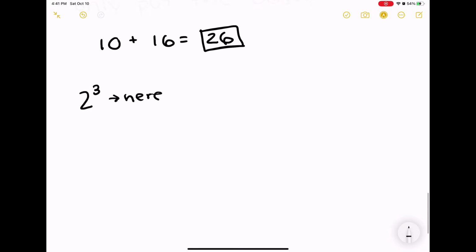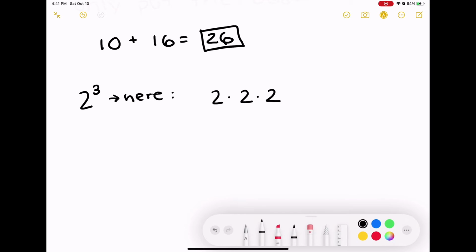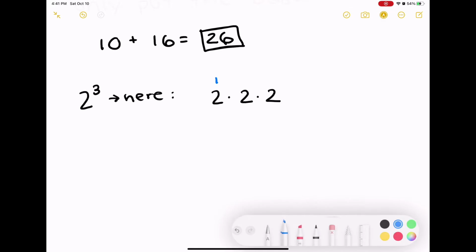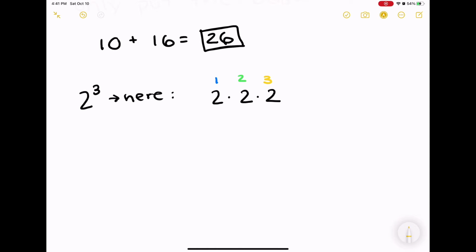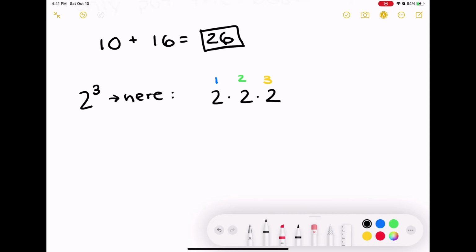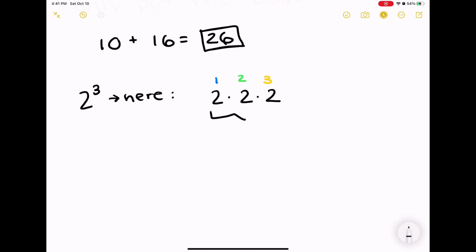So here, instead of 5 times 5, you get 2 times 2 times 2, because the exponent is 3, so you have 1, 2, 3. You have 2, 3 times. Now, if this seems a little overwhelming, you can just break it down. Do 2 times 2, 4, times 2, which is 8. So it's really just breaking down the problem that might help you answer it correctly.